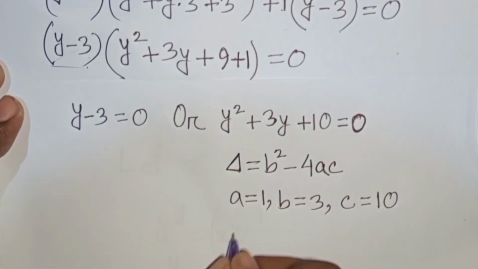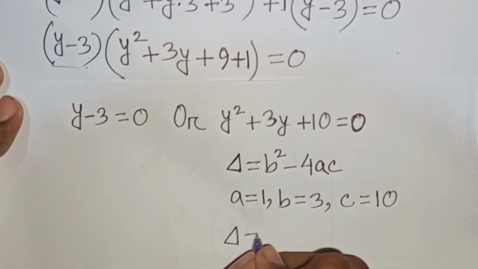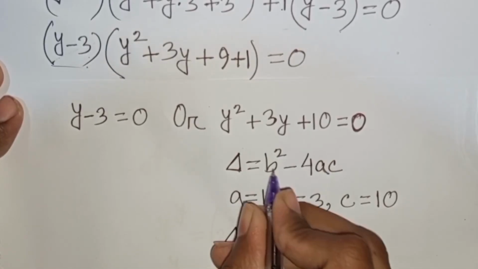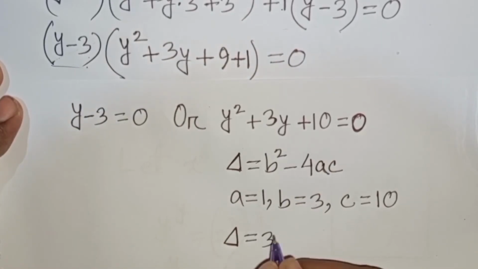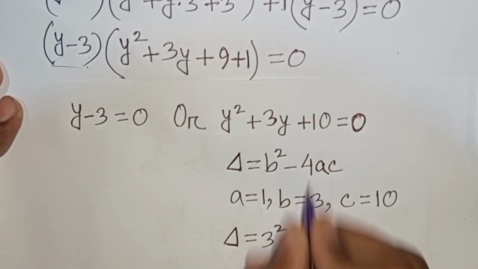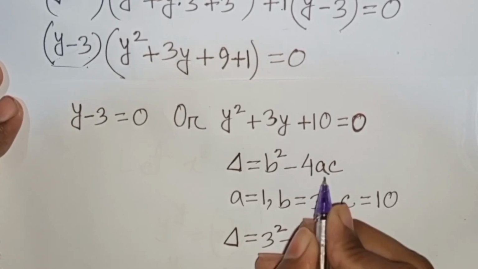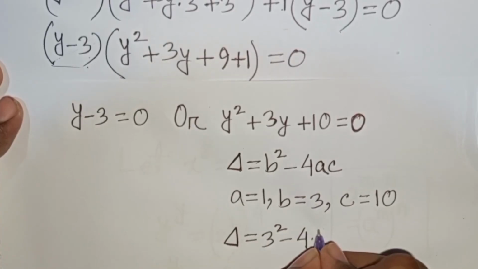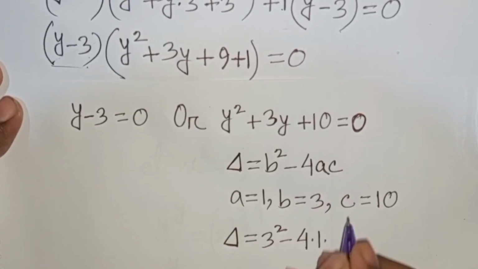Now we can write here delta will be equal to b square, that means it will be 3 square minus 4 times a, that means 1, times c, that means 10.